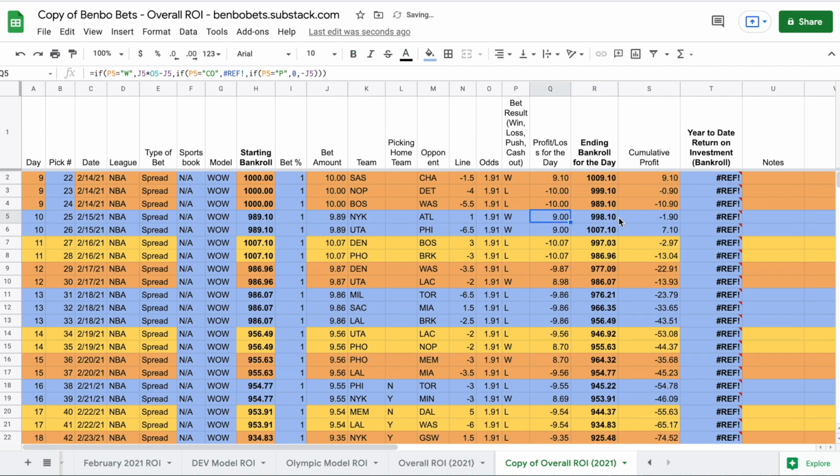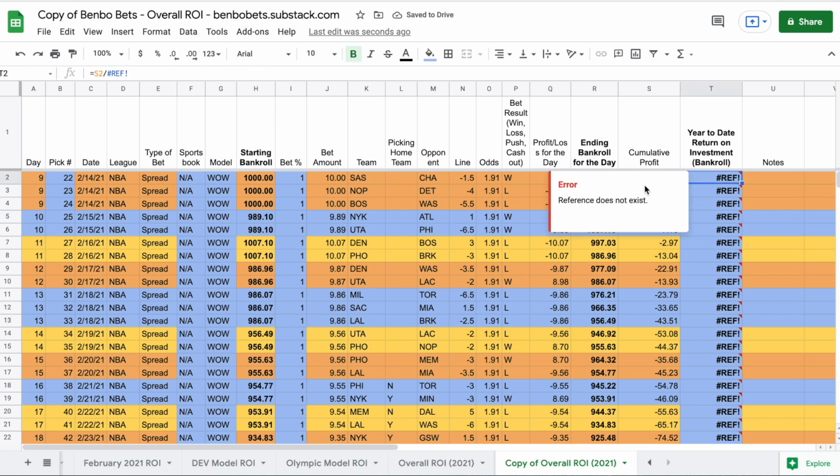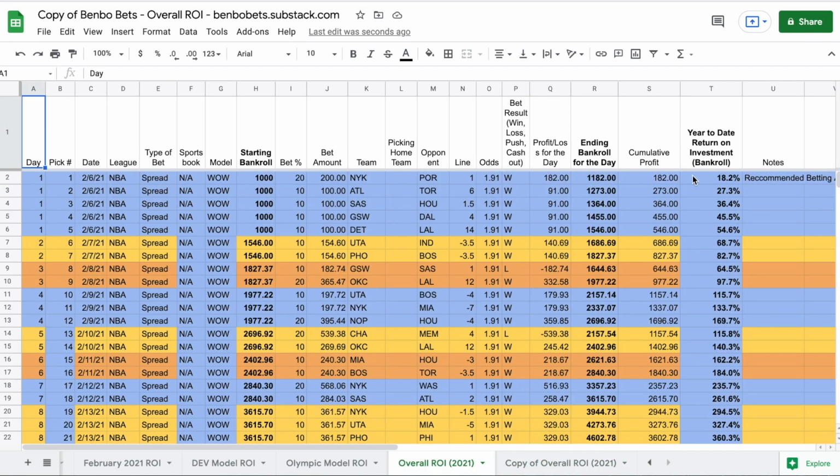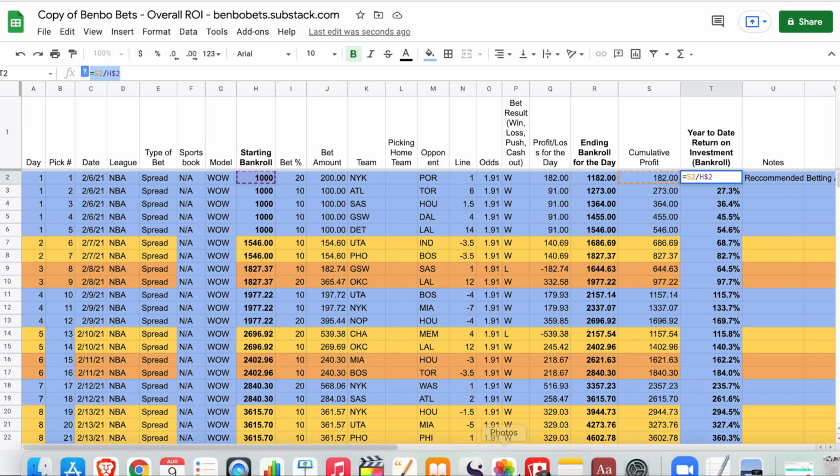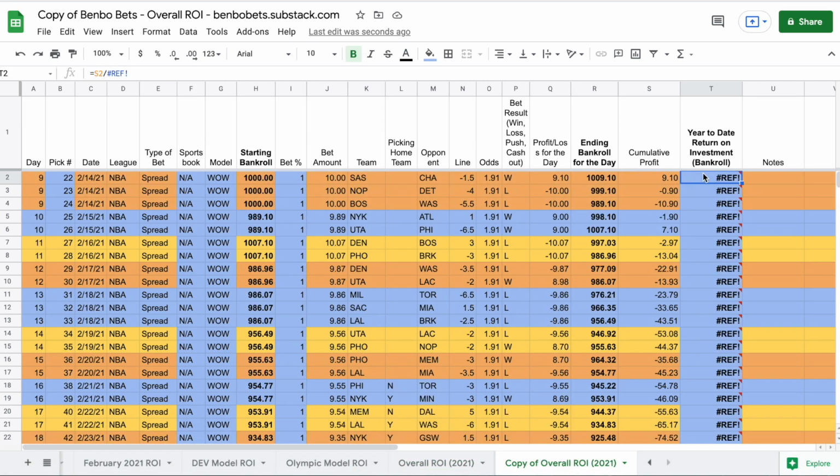Okay, so now that fills in everything here. And then to calculate the ROI, just double check the formula we use. Yep, it's right here. S2 divided by H$2. So I'm just going to copy that and fill that in right here.